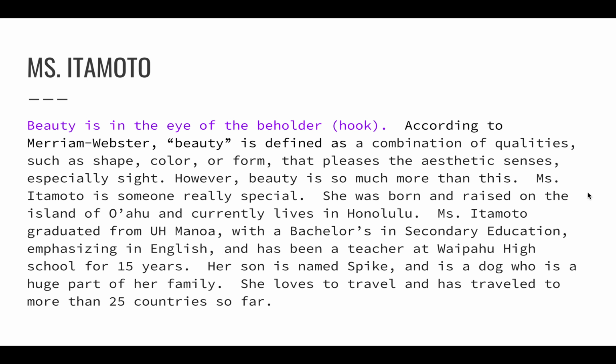She was born and raised on the island of Oahu and currently lives in Honolulu. Miss Itamoto graduated from UH Manoa with a bachelor's in secondary education emphasizing in English, and has been a teacher at Waipahu High School for 15 years. Her son is named Spike and is a dog who is a huge part of her family. She loves to travel and has traveled to more than 25 countries so far.